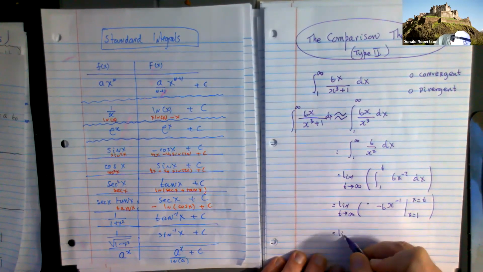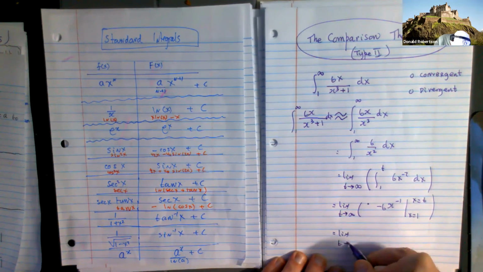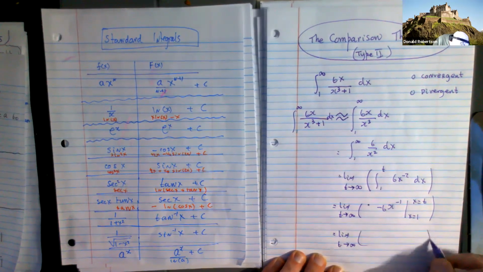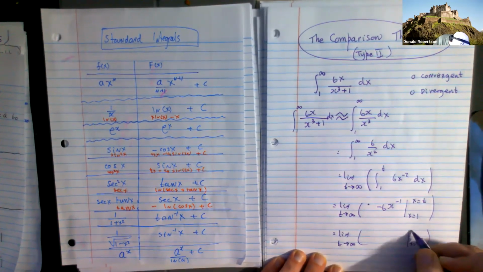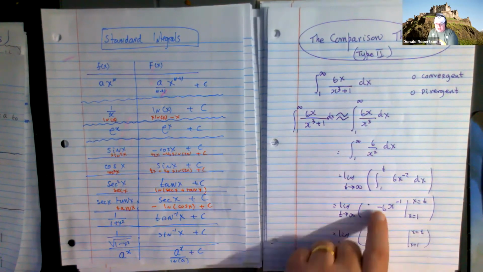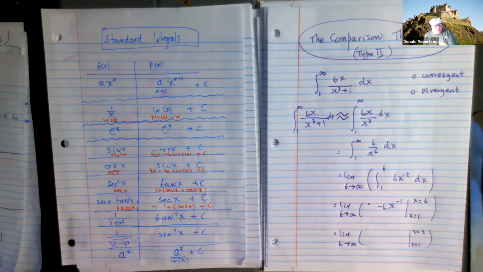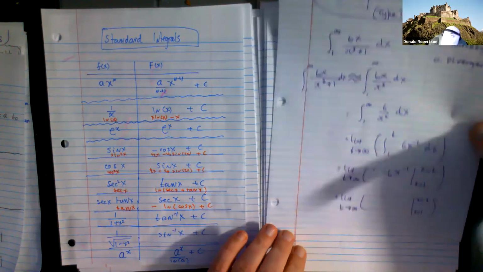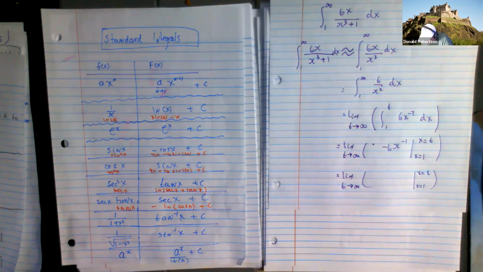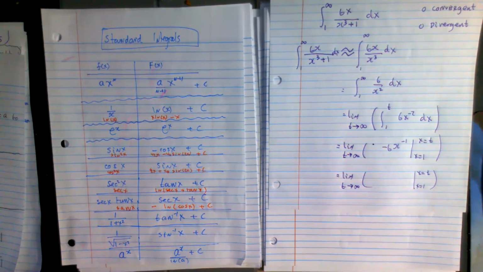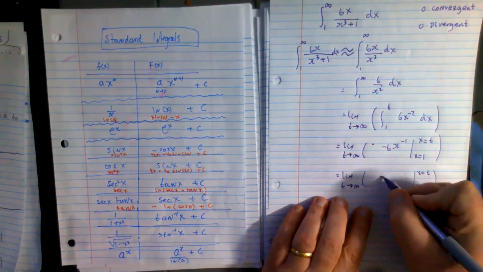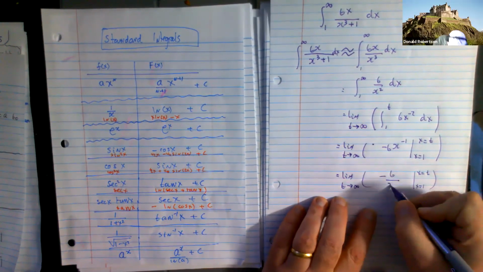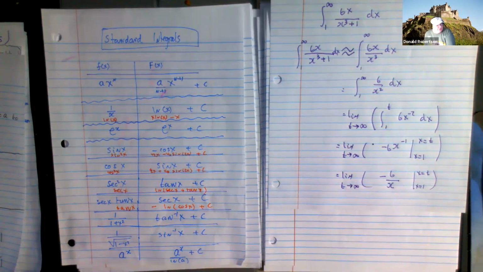And how do you think I'm going to rewrite negative 6x to the negative 1? Just 1 over 6x. Almost. The over x is right, but the 6 stays put.